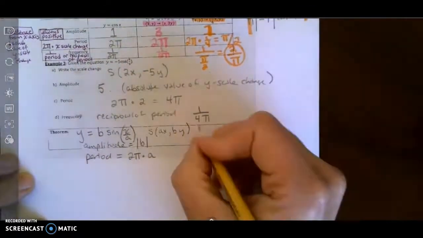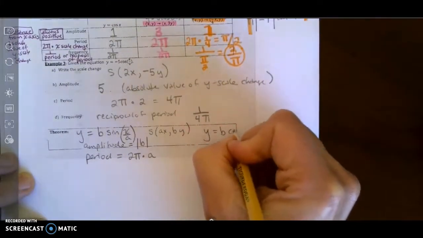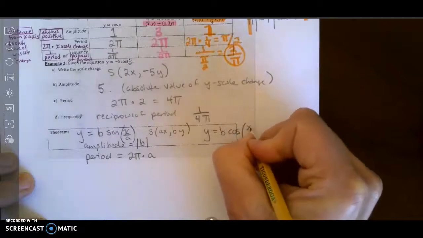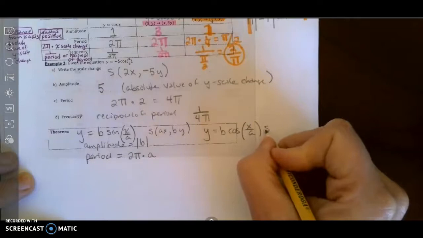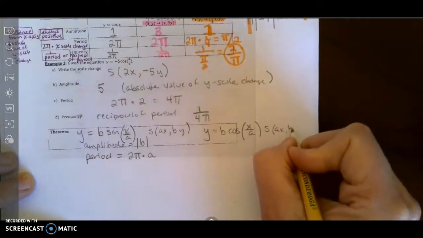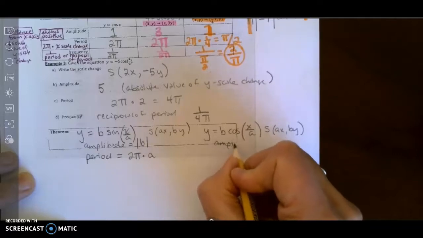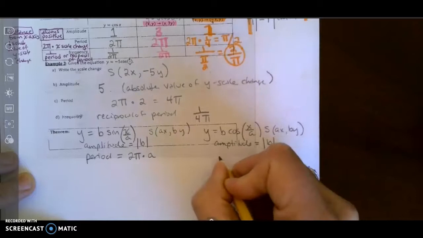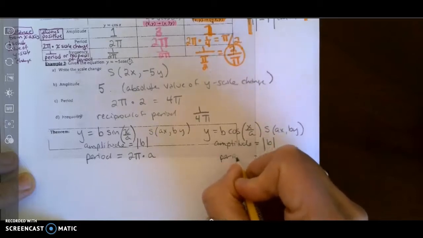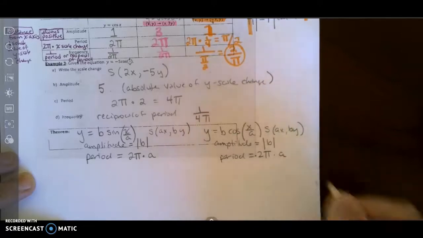This applies as well for the cosine. If y equals b times the cosine of x over a, the scale change is ax by. The amplitude is the absolute value of b, and the period is 2 pi times a.